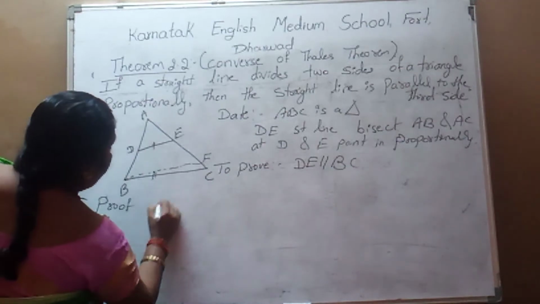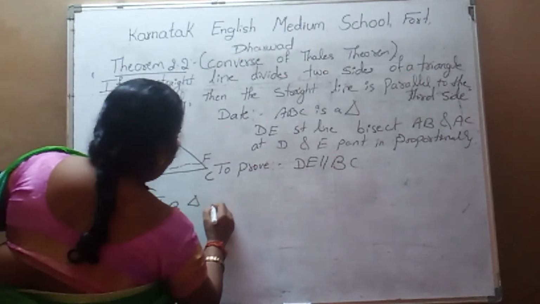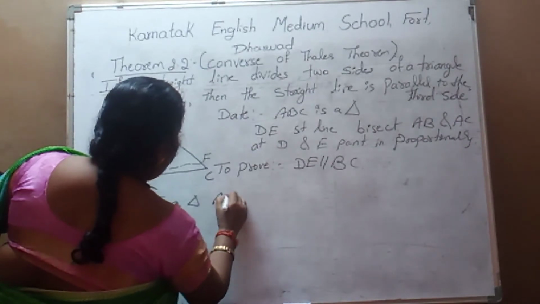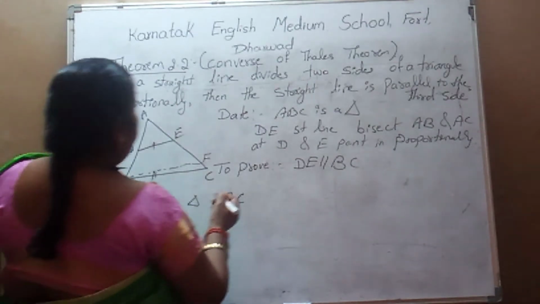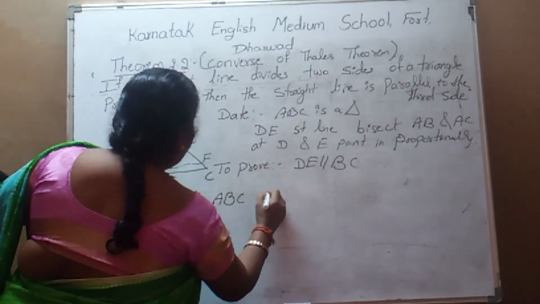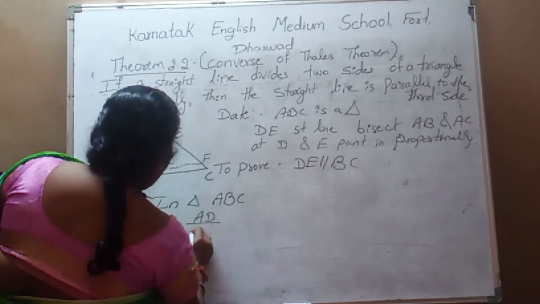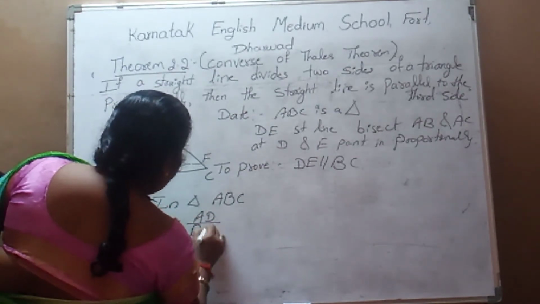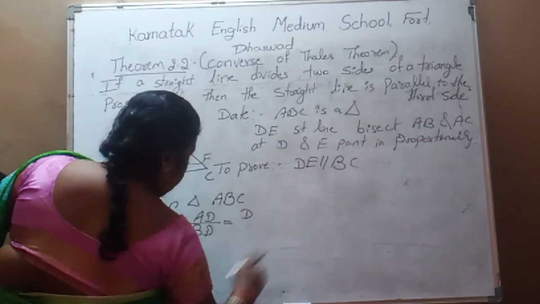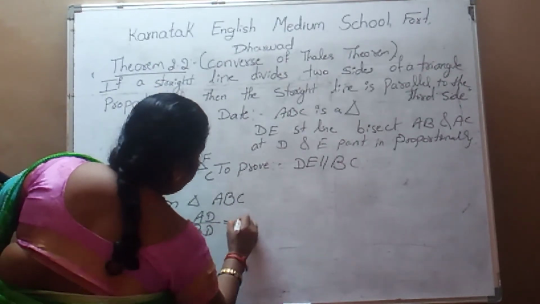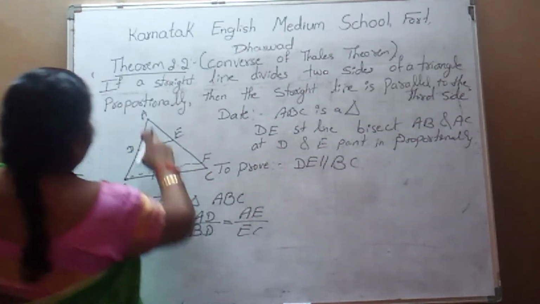So, in triangle ABC, they are given AD divided by DB equal to AE divided by EC.